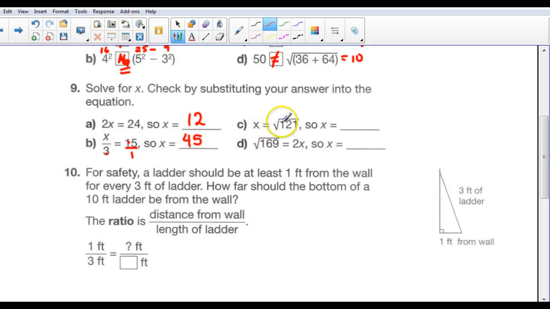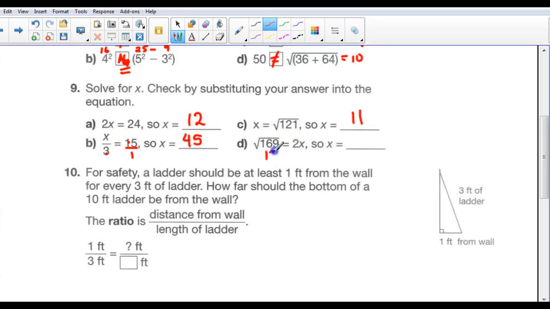Okay? X is equal to the square root of 121. So we just take our calculator, put in square root symbol of 121, and we get an answer of 11. And the square root of 169 is equal to 2x. Okay? Well, we know the square root of 169 is 13.